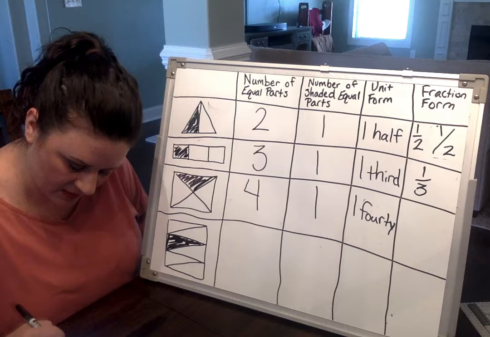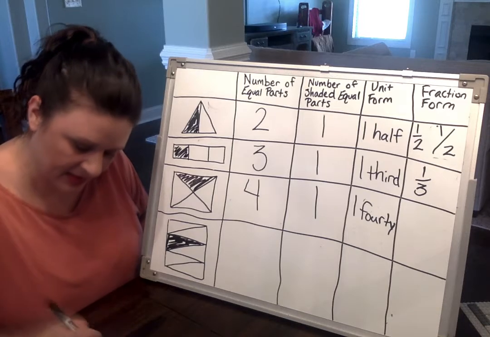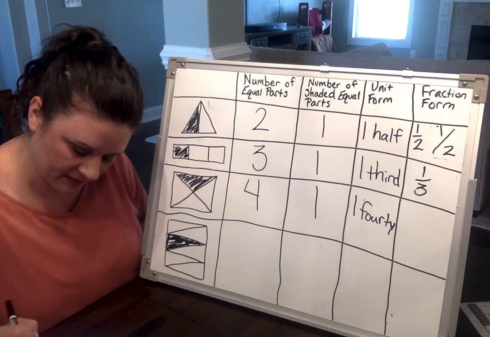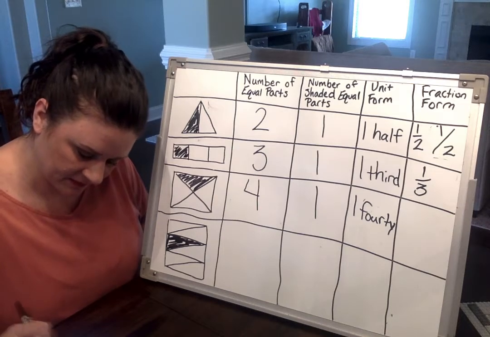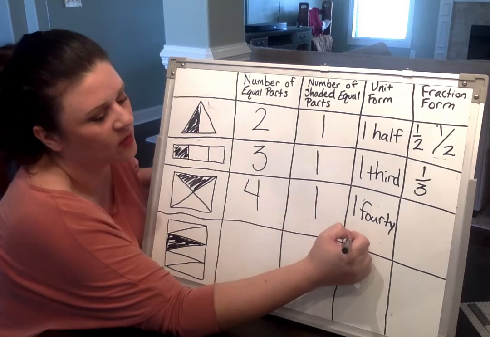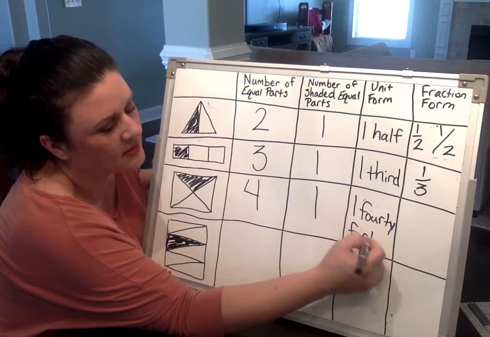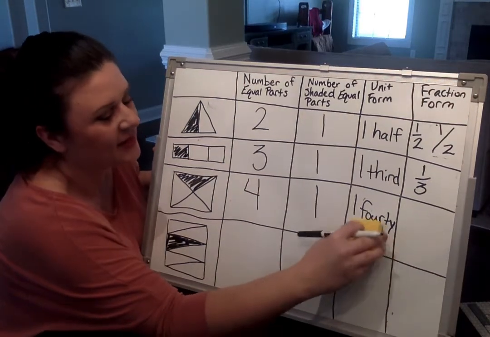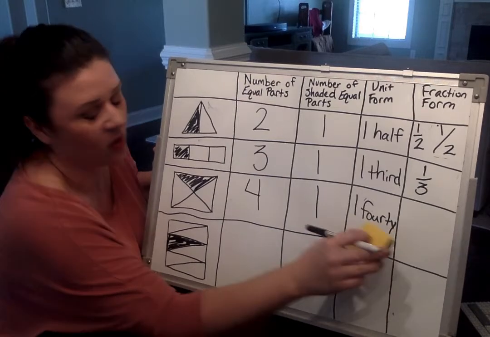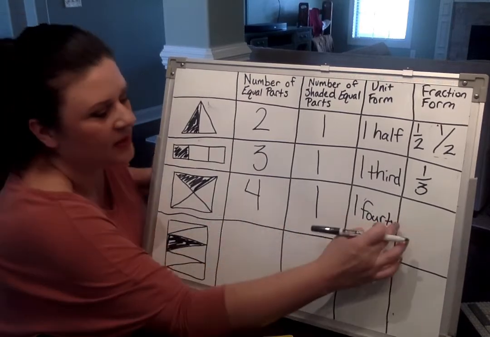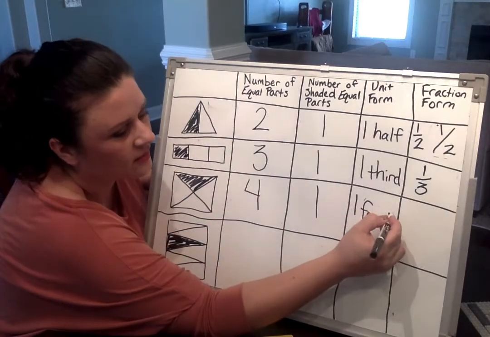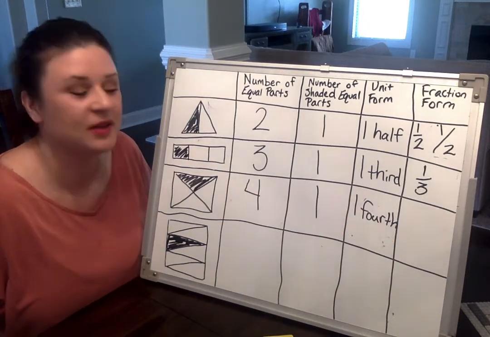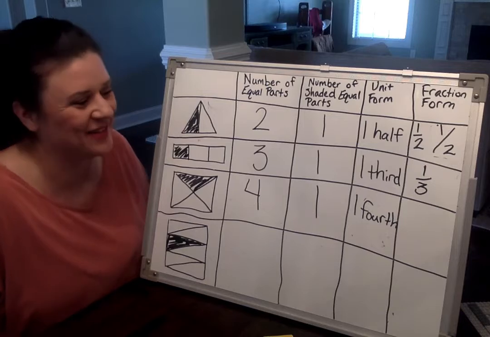I don't know. Let me see. Yeah, it's 40 because when you write the word 40, it's F-O-R-T-Y. But when we write fourth, it is F-O-U-R. Oh, wait. Look at me. I just can't even get this together. F-O-U-R-T-H, fourth. Not fourthy.